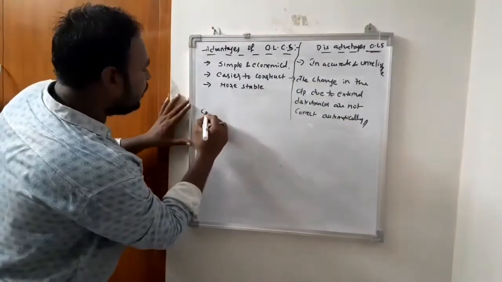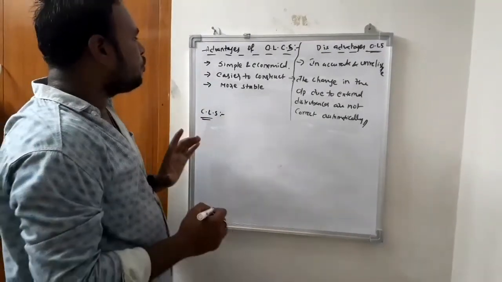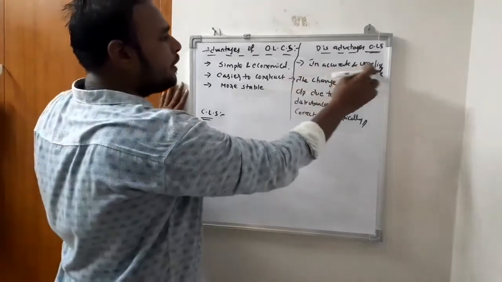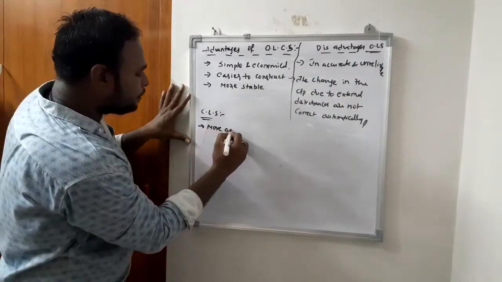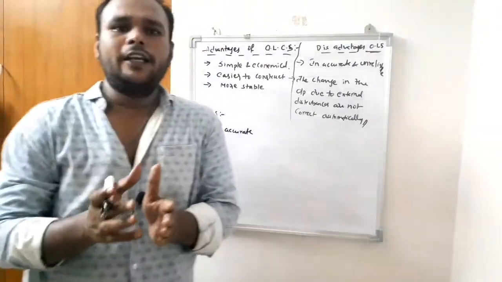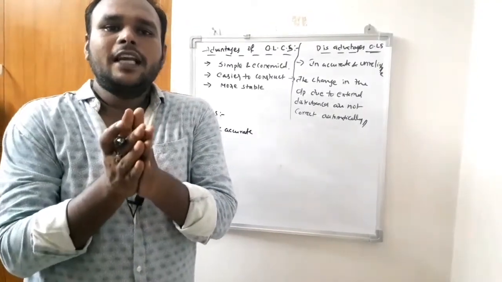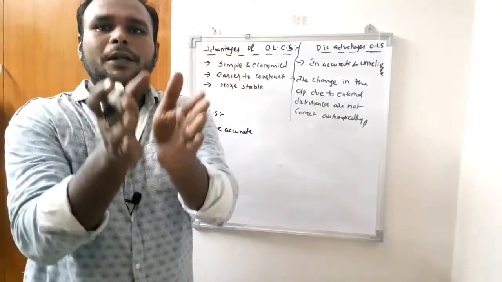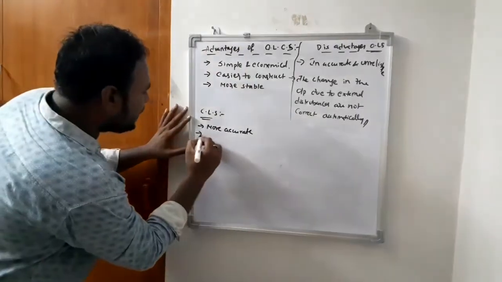Now coming to the advantages of the closed loop system, here the disadvantages become advantages. More accurate. Closed loop systems are more accurate, and this accuracy can be maintained even in the presence of noise disturbances.